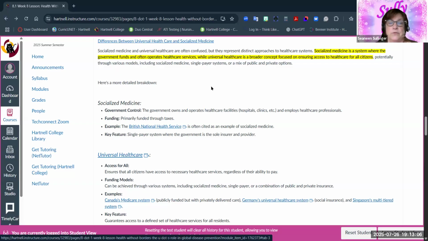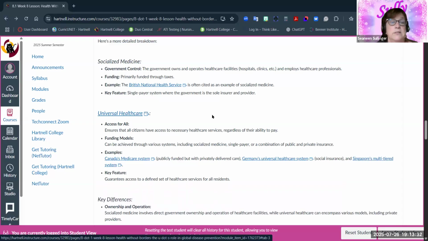The British National Health Service would be an example. It's a single payer system where the government is the sole insurer and provider. So there isn't really any choice, but because it's run by the government, funded through taxes, I feel like there's a better eye on what's going on. And if changes are made, it's not here or there, it would be everywhere.